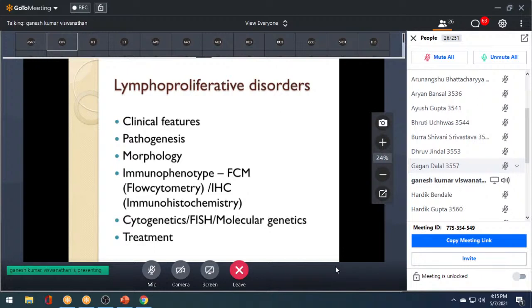In immunohistochemistry, the basic idea is the same: you study the CD markers either on the surface or sometimes you can see the immunological markers within the nucleus or cytoplasm.